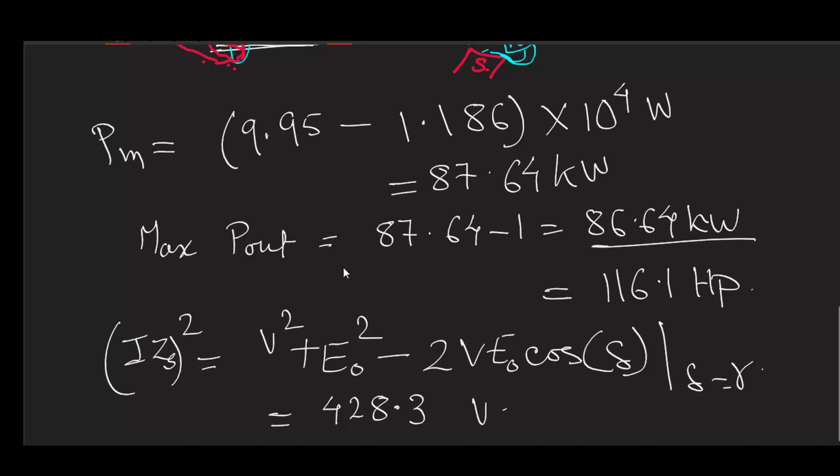Beyond this gamma value, it will exit the stability region, the machine will come to rest, as the rotating magnetic field will not be able to further drive that rotor.